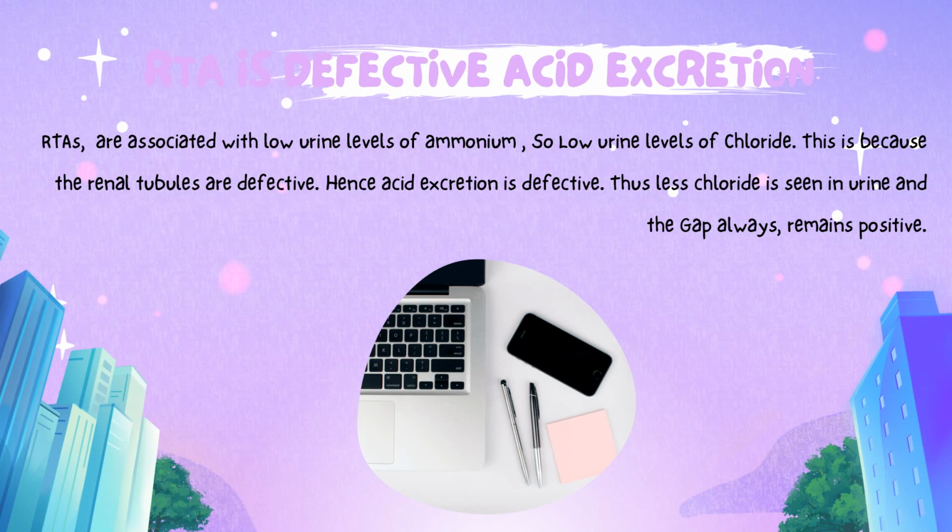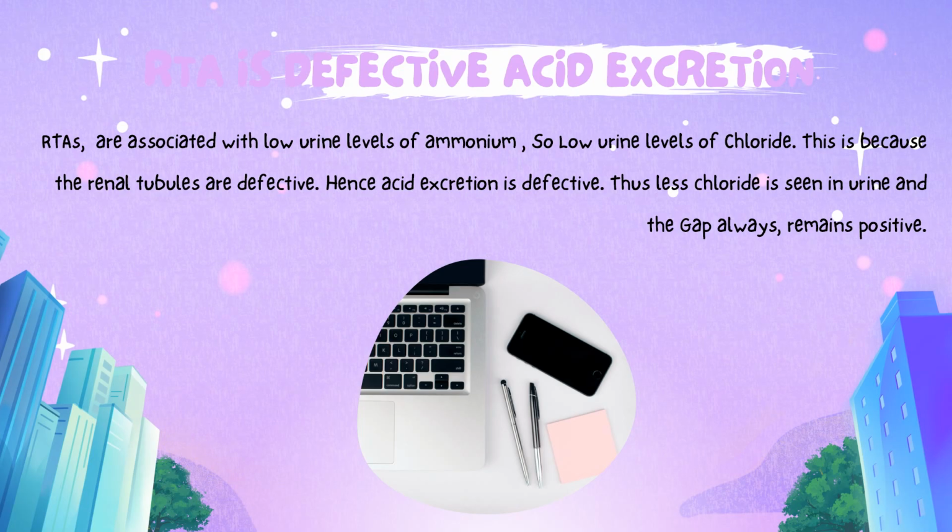So I did make a statement that the renal tubular acidosis will always have a positive urinary anion gap. Why so? Because RTA is a defect of acid excretion. If it's a defect of acid excretion, it's a defect of ammonium excretion. If it's a defect of ammonium excretion, it's a defect of ammonium chloride excretion.